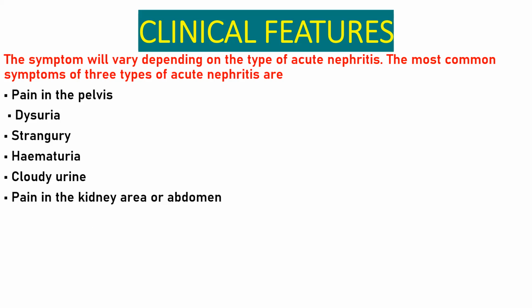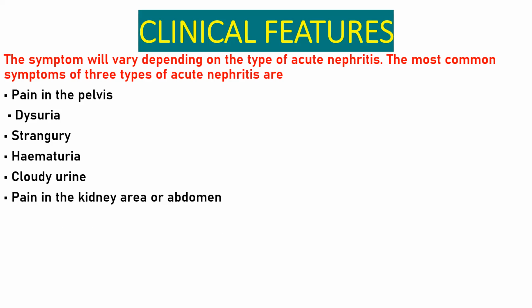So there will be pain in the kidney area. Obviously, we are mainly discussing nephritis, that is inflammation. If there is inflammation in the kidney itself, then the pain will occur in the area of the kidney, the surrounding areas, as well as your abdomen.